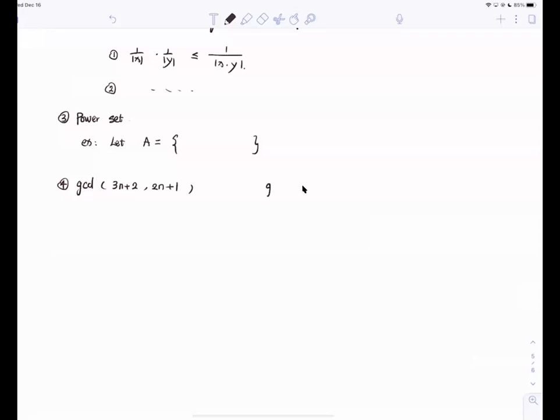Or something like GCD of something to a really high power. That could be one of the part A questions as well.